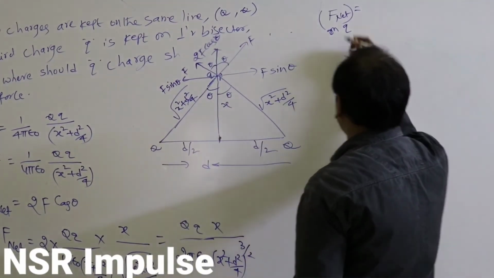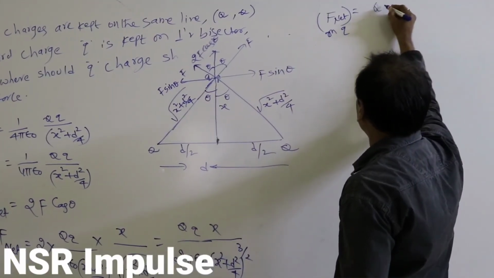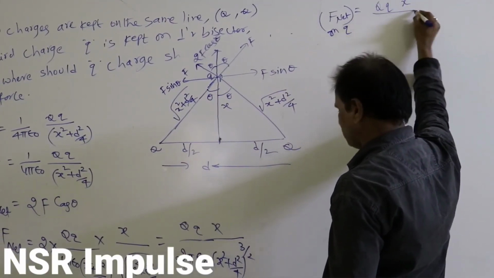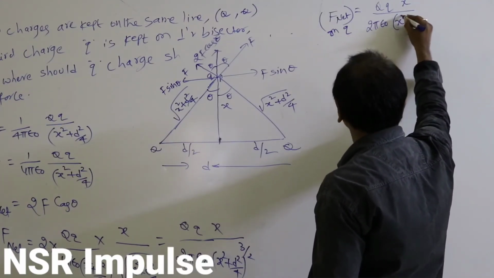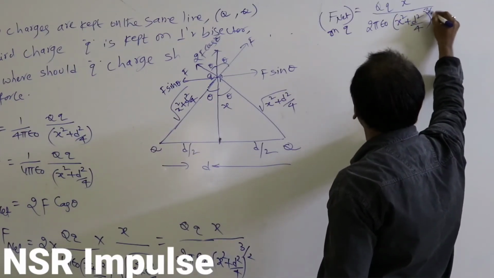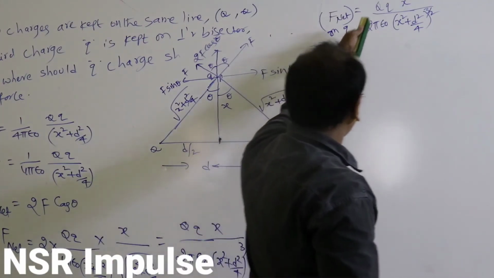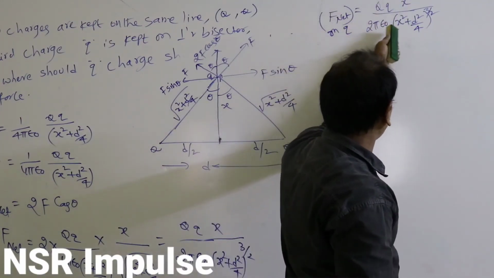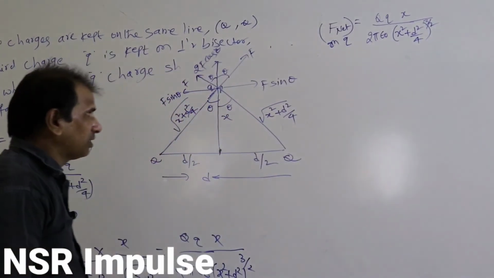Okay. Now net force on Q is equal to, the answer we have got is QQX by 2 pi epsilon naught (x square plus d square by 4) whole power 3 by 2. Net force on Q equals QQX by 2 pi epsilon naught (x square plus d square by 4) whole power 3 by 2.